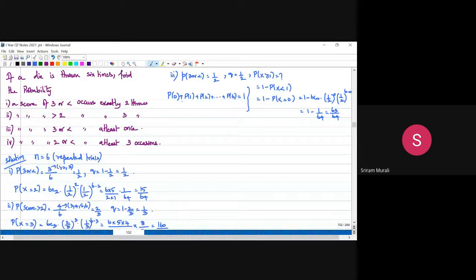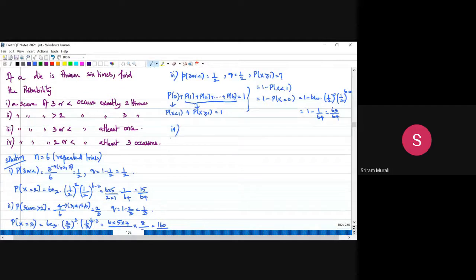This is your less than 1. This is your more than or equal to 1. Which will be comfortable if I do? Can I write 1 minus less than 1, or should I do 1, 2, 3, 4 to 6? Is it not lengthy? Yes sir. That is why we are writing 1 minus X less than 1. Less than 1 is nothing but 0. Okay sir.